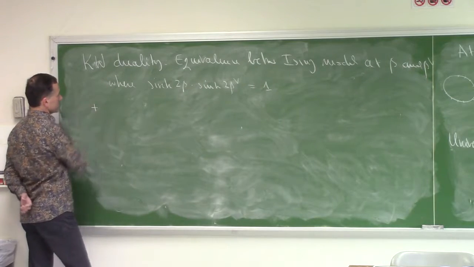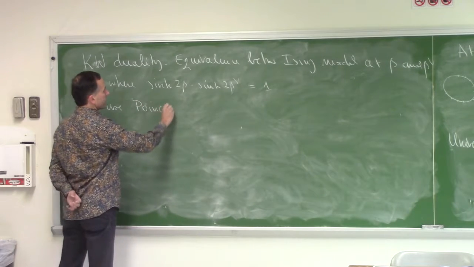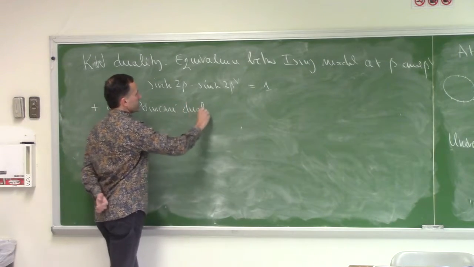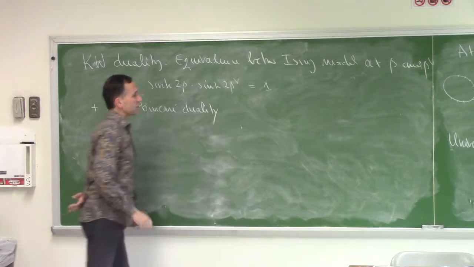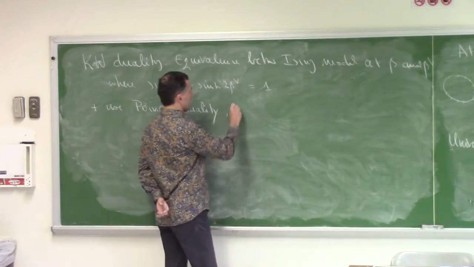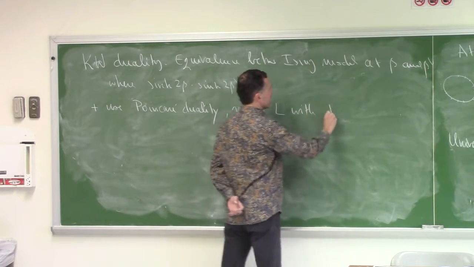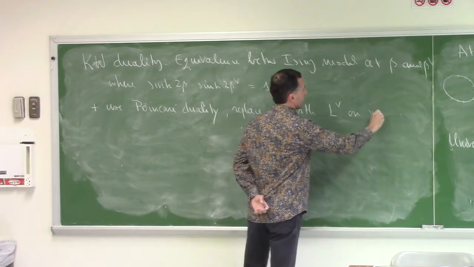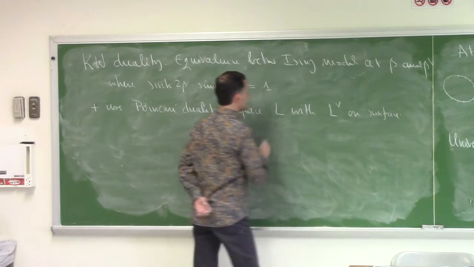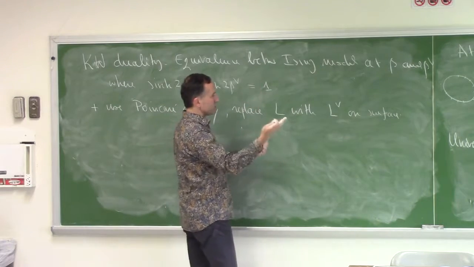And we need to use Poincaré duality on the surface in the form of replacing a lattice with a dual lattice. So edges actually correspond to edges, but they're normal. Vertices become the new faces and so on.